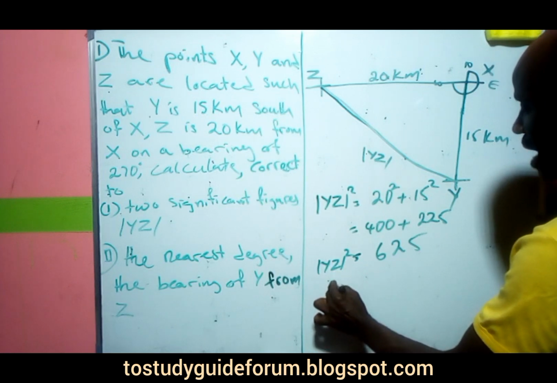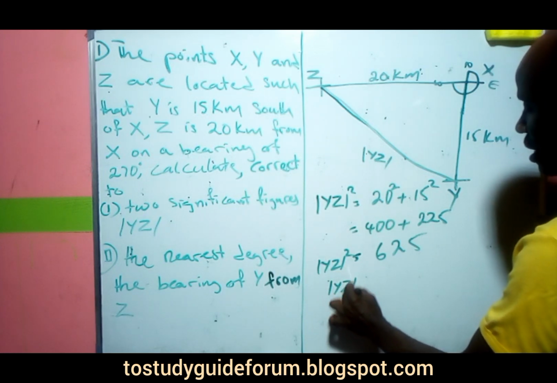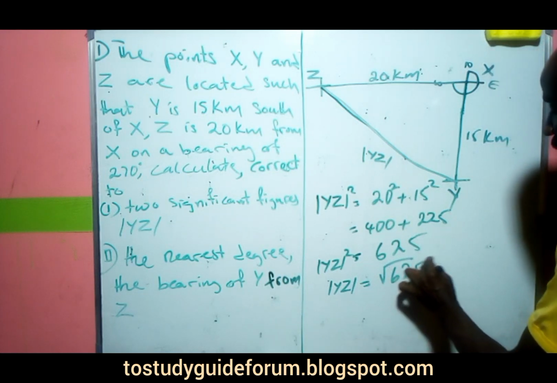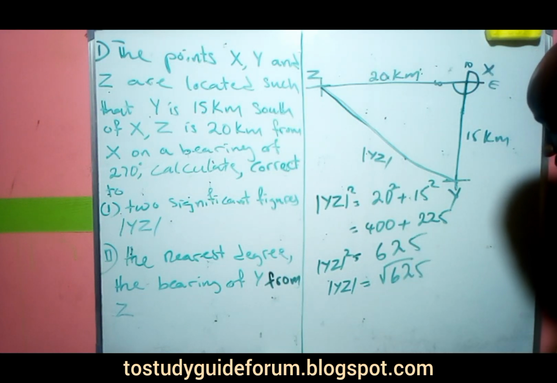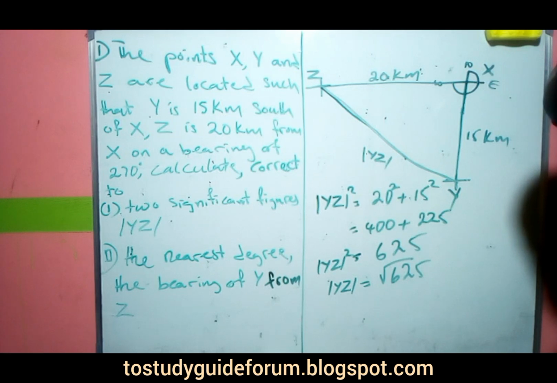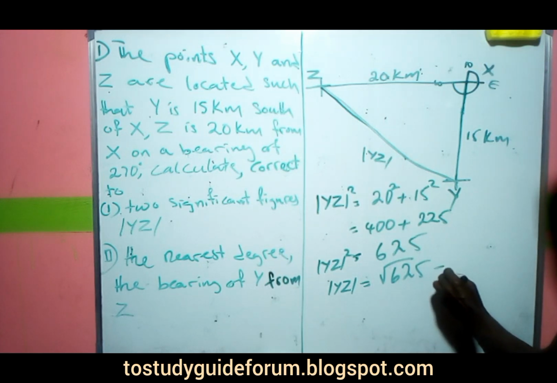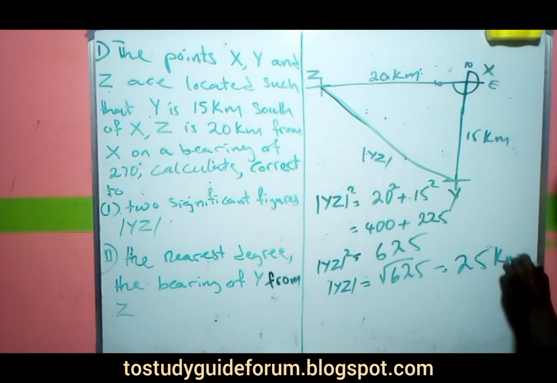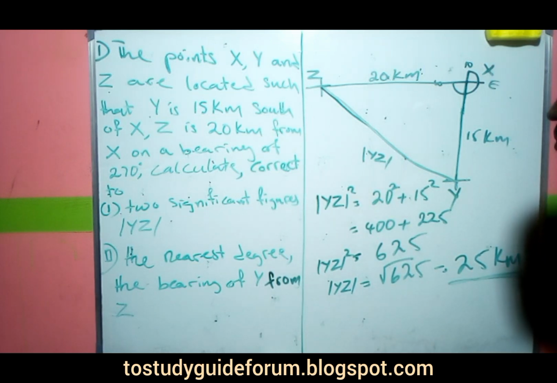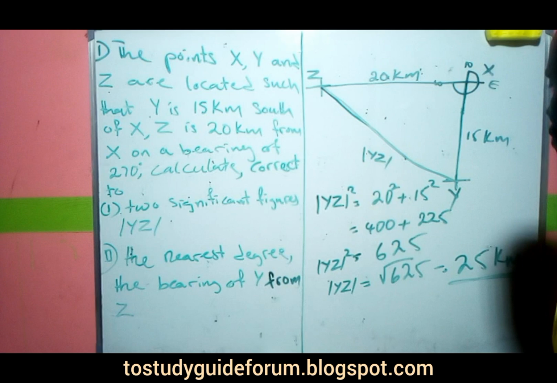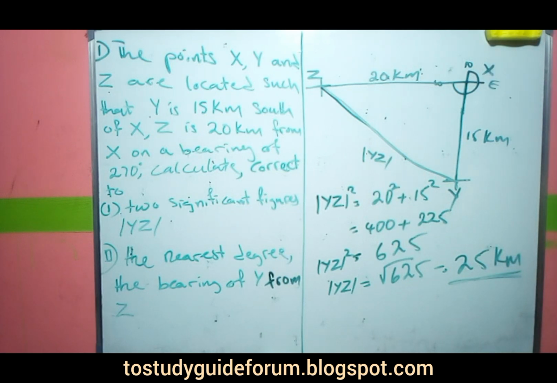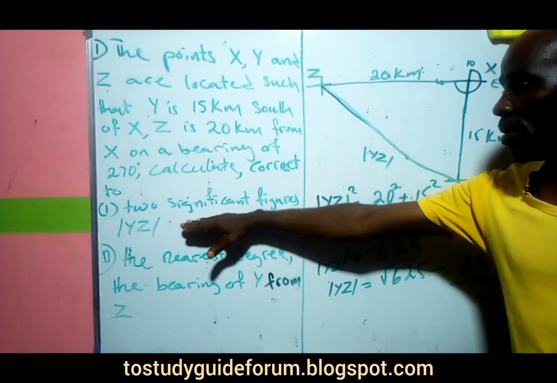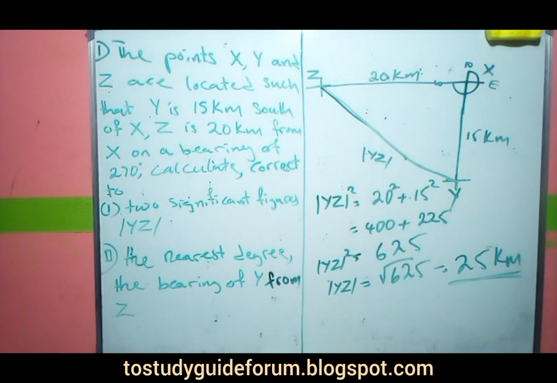That means YZ will then be the square root of 625, which is equal to 25 kilometers. 25 kilometers, that is what we have. This is done. That means we have the first question we are asked to find.